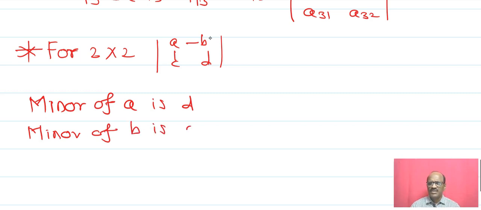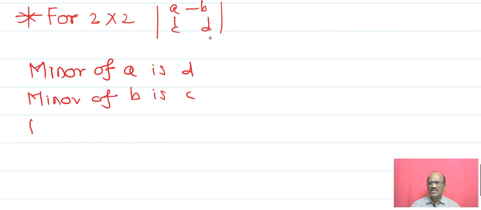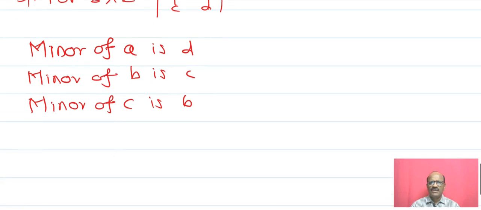Minor of b is c, minor of c is b, and minor of d is a.